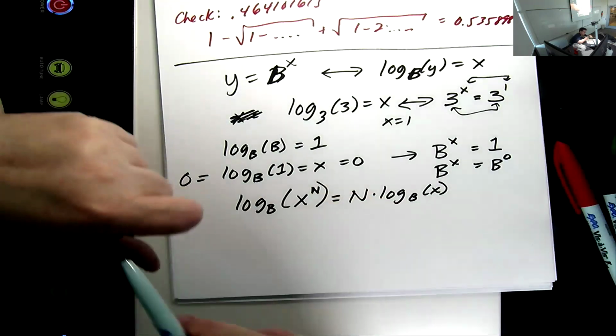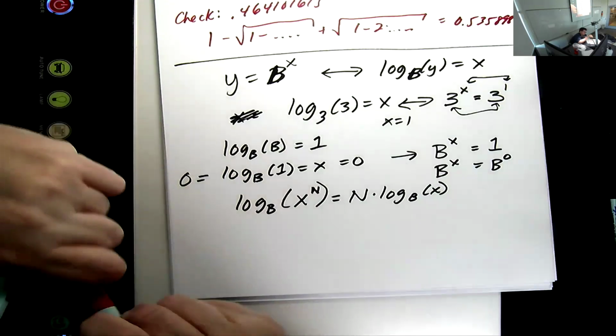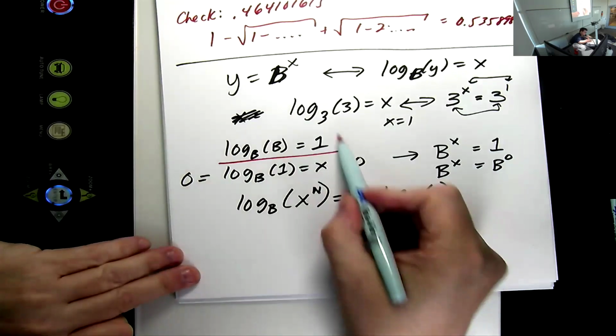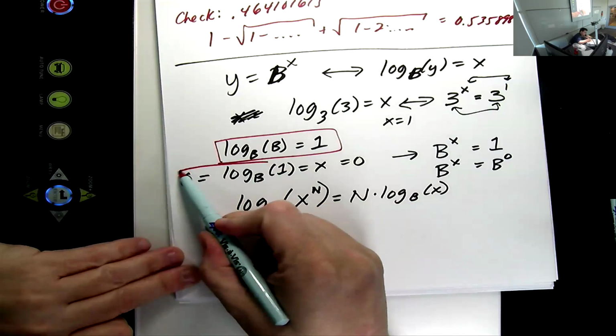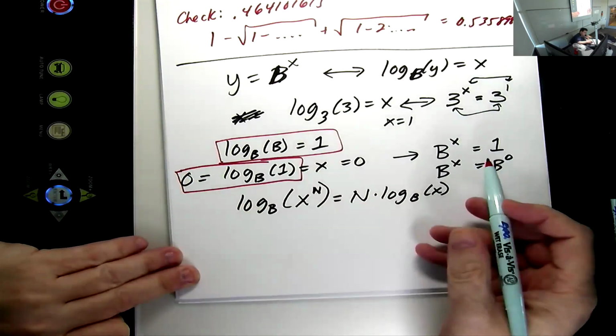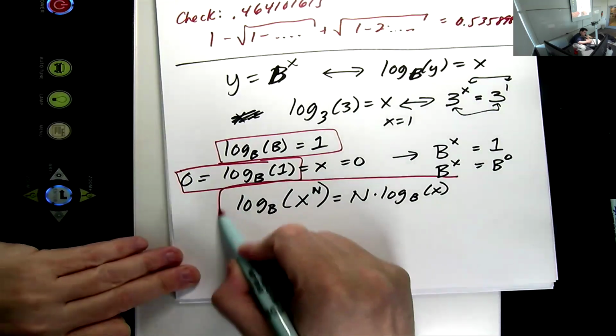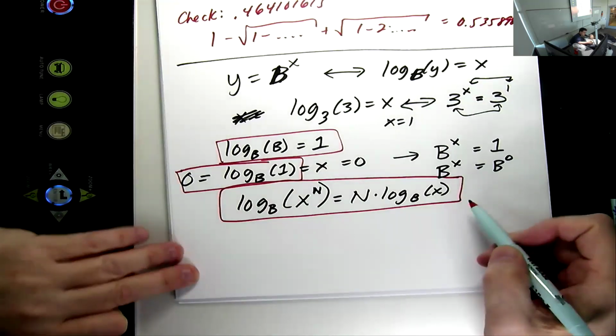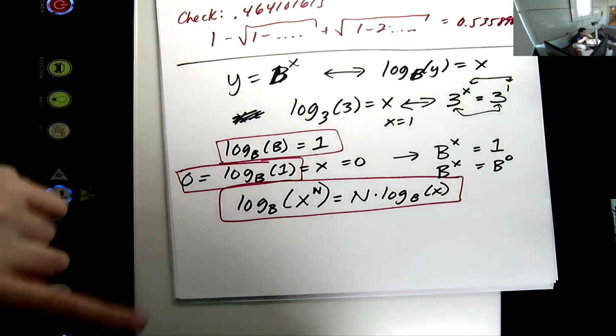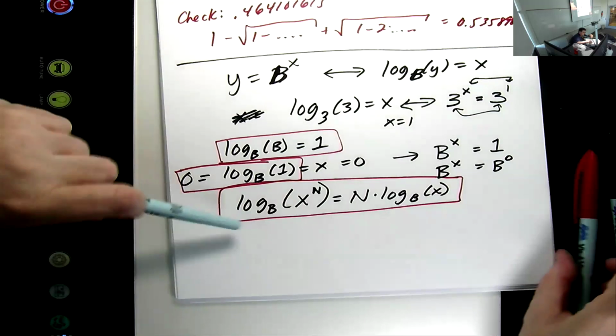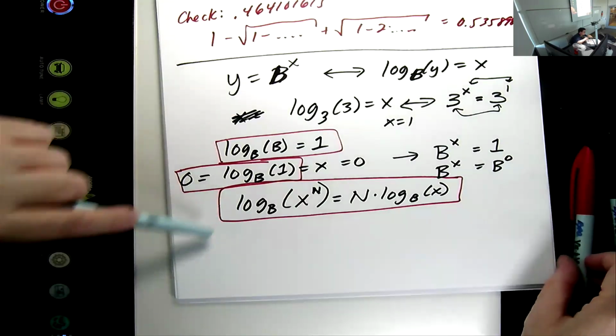This is a good rule to know. This is almost mandatory to know. The rest of the stuff, those two you could figure out with a calculator with a little time. This is one the calculator can't do for you.